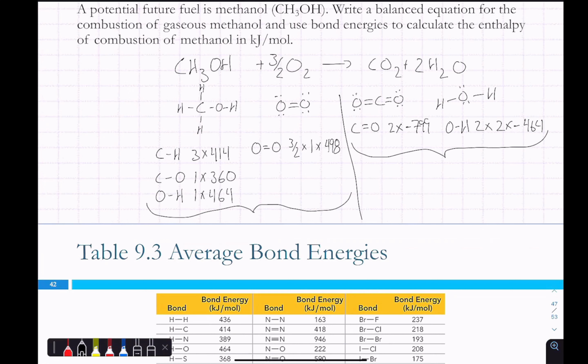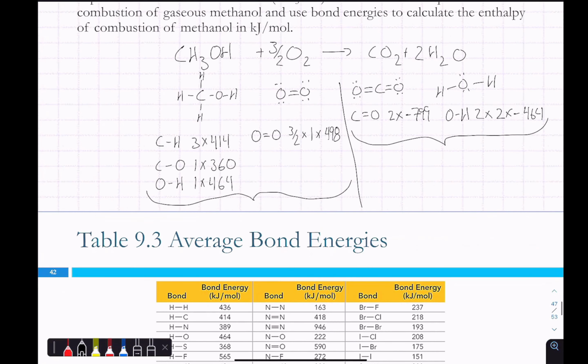Try not to make any typos here. Plus, and we do this 3 halves times 498. So that'll be 2,813 kilojoules that we'll have to put in to break those original bonds.